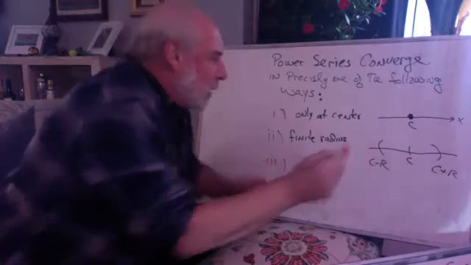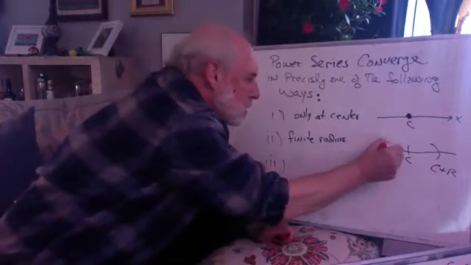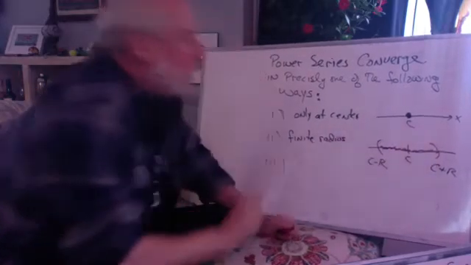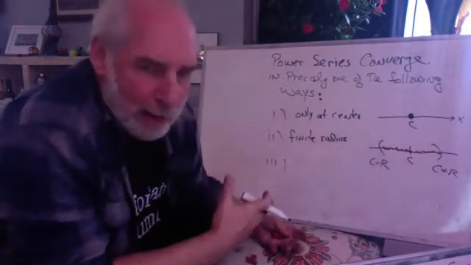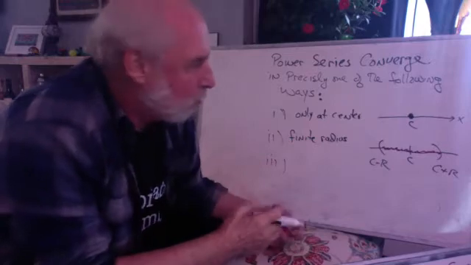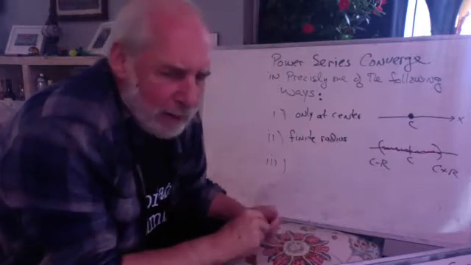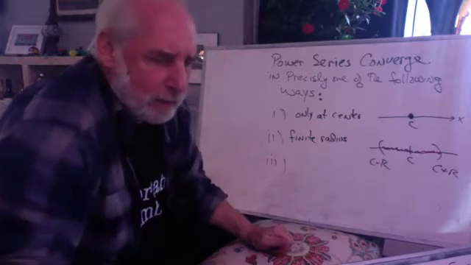And from the center, you add the radius. And so here, all x values in that interval, all of them, will make this power series converge. And this will all make sense in a minute when we do some examples.